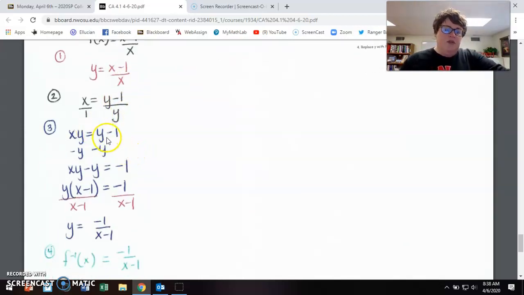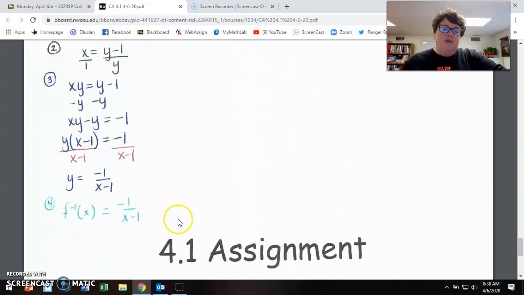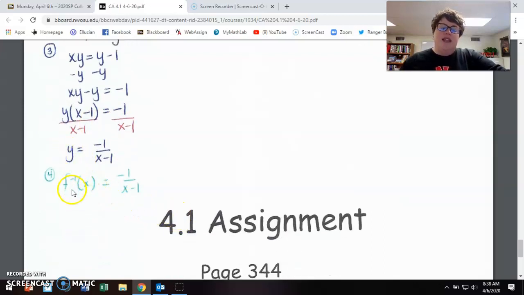When we go to solve for y, we have to get all our y's on one side and then factor out a y to get y by itself. And then you can divide by x minus 1. So you're left with y is equal to negative 1 over x minus 1. And then make sure that last step is f negative 1 of x is equal to negative 1 over x minus 1.